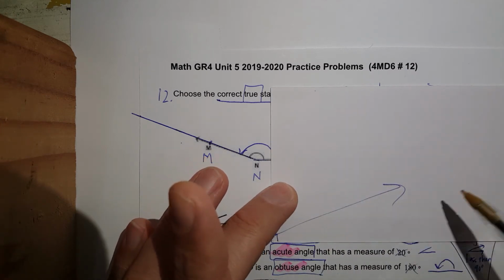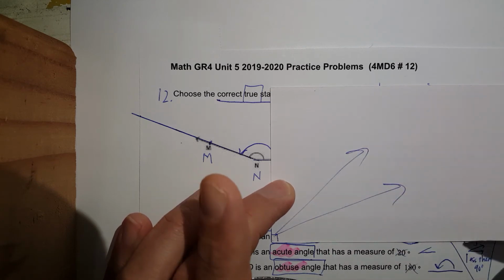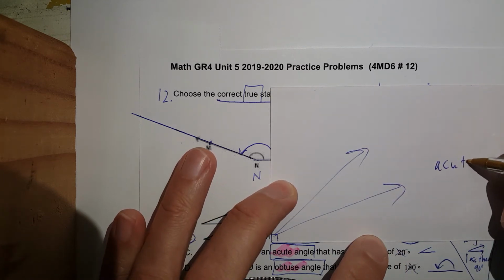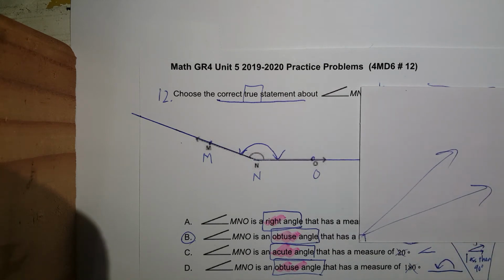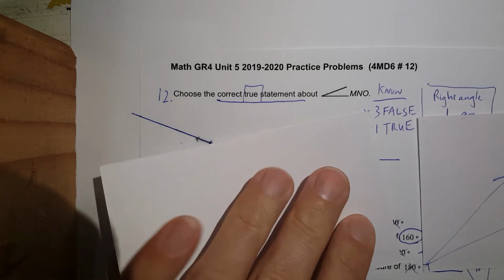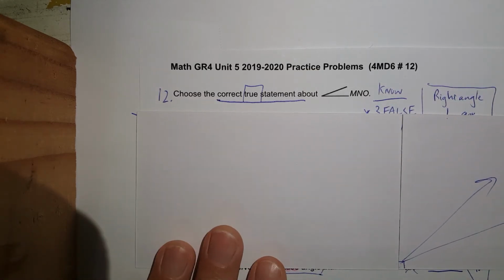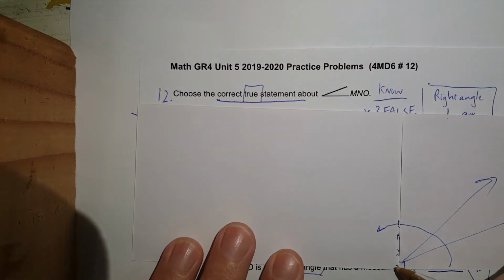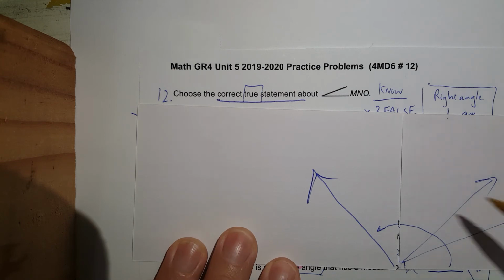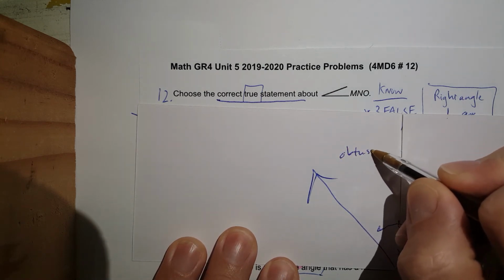Anything that fits within the index card, all of these angles would be acute angles. If I want to go to obtuse angles, I need another index card because it goes past 90. If I start from here and go all the way over here, all of these would be obtuse angles.